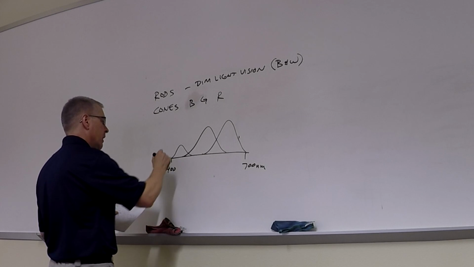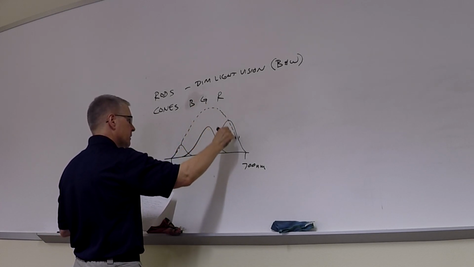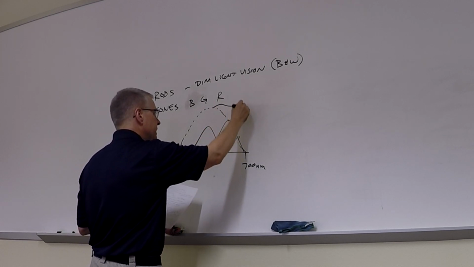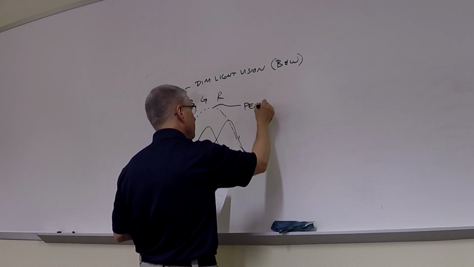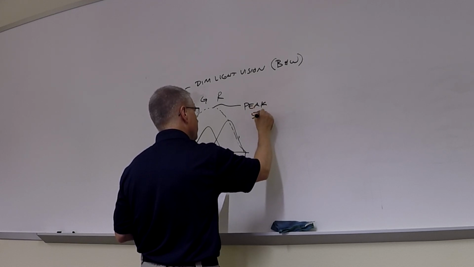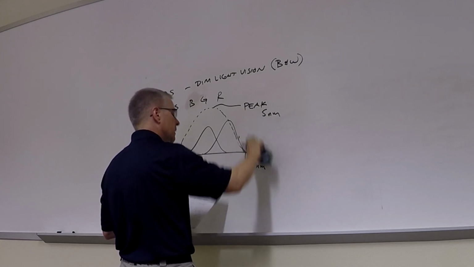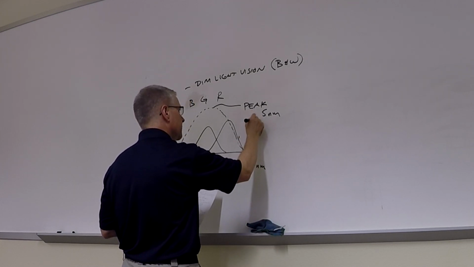So if you add this all up, this is kind of what we end up seeing, which peaks in the neighborhood of about 555 or so nanometers. Anyone know what color that is roughly?